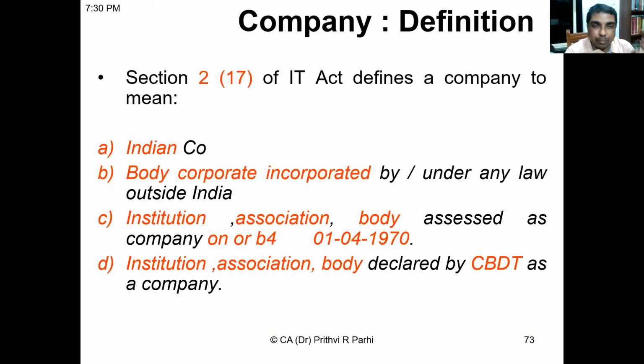It means an Indian company, a body corporate incorporated by or under any law outside India, an institution, association or body assessed as a company on or before 1/4/1970, or an institution, association or body declared by the Central Board of Direct Taxes as a company. So all these 4 categories of entities can be referred to as a company under the Income Tax Act.